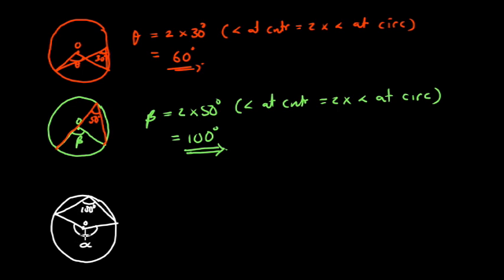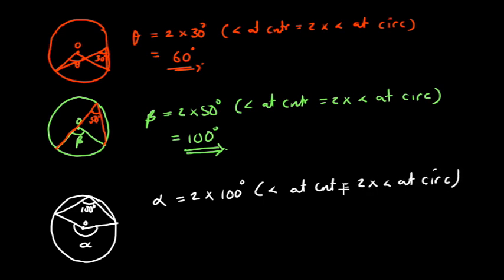So how would we calculate alpha? In this case, our alpha is equal to 2 times 100 degrees. Again, what's the reason? The angle at center is equal to 2 times angle at circumference. Then what? It means that our alpha is equal to 200 degrees.